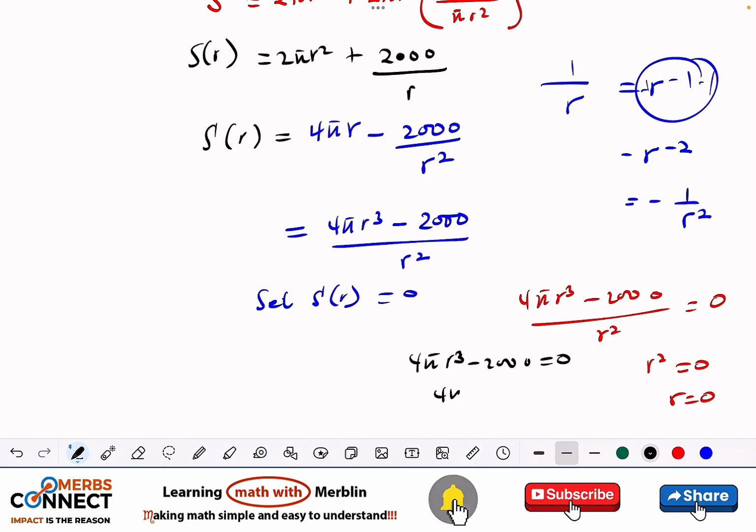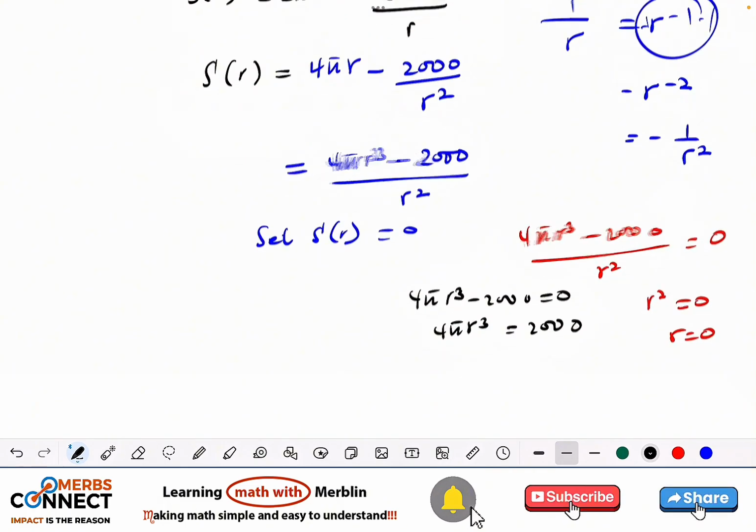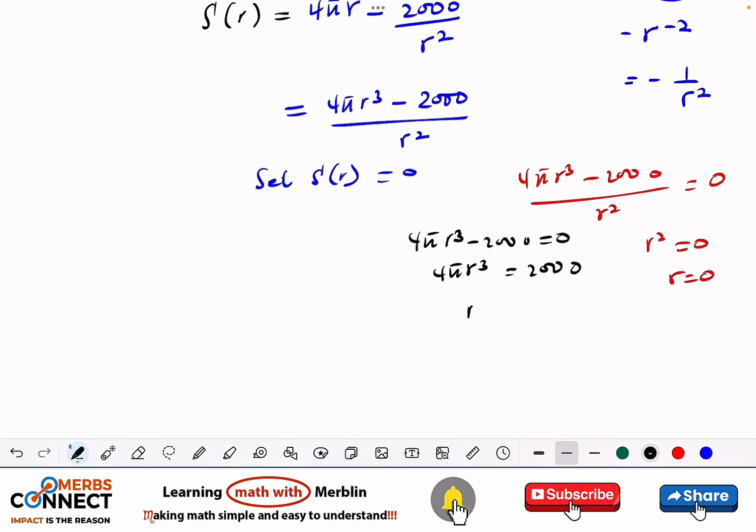So 4 pi r cubed is equal to 2000. Then r cubed is equal to 2000 divided by 4 pi. And then r will be equal to the cubic root of 2000 divided by 4 pi.